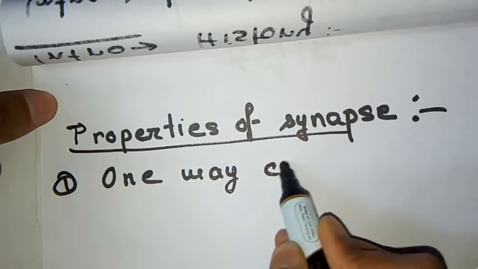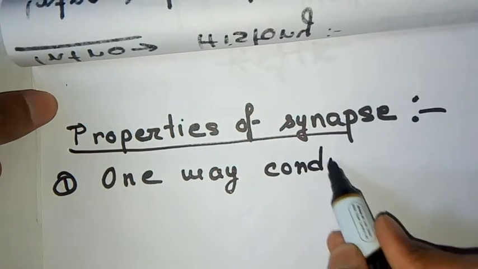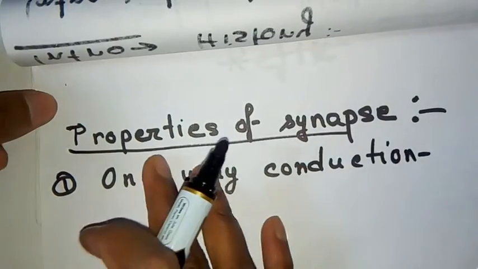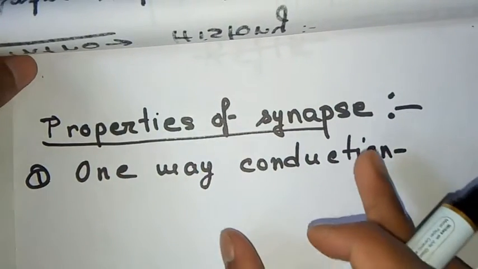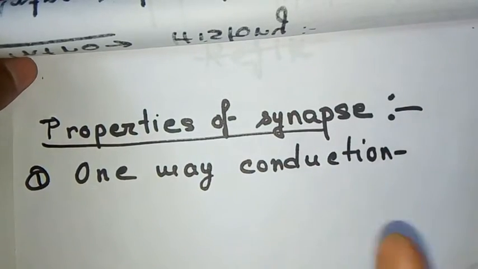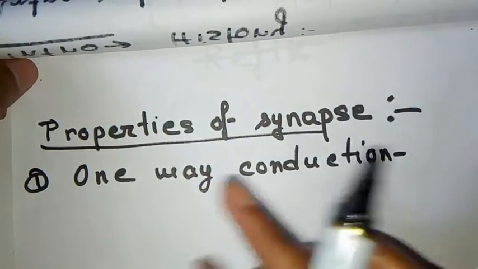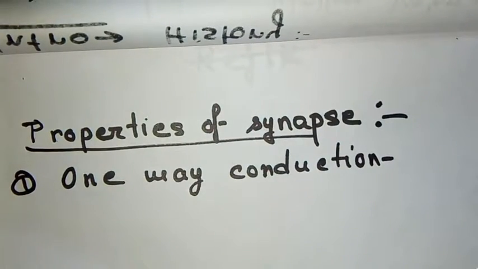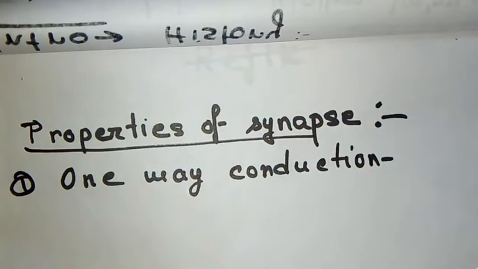According to the Bell-Magendie law, the impulses are transmitted only in one direction. In a synapse, the impulses are transmitted only from the presynaptic neuron to the postsynaptic neuron. So that is the first property of synapse, one-way conduction.